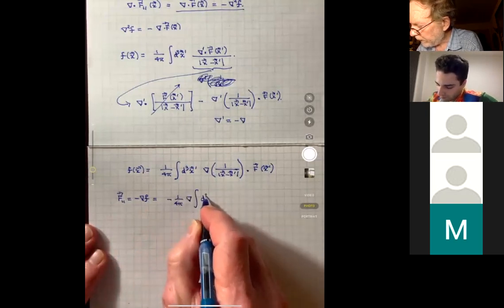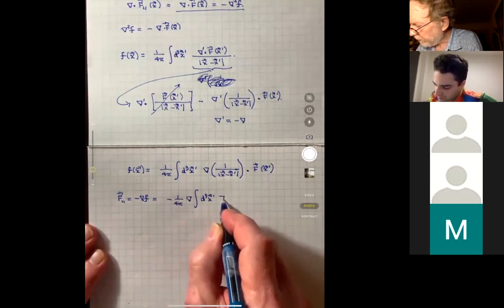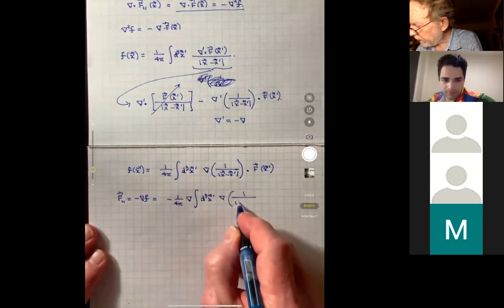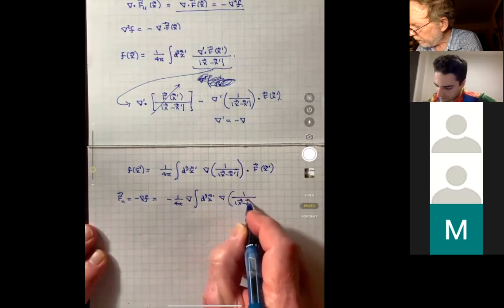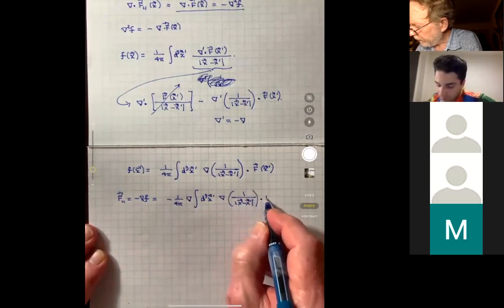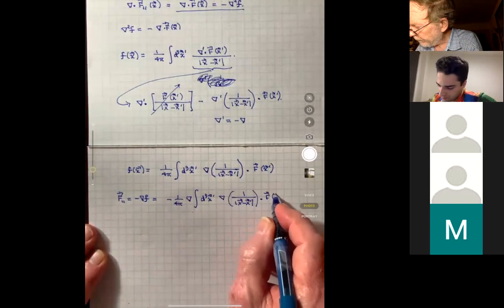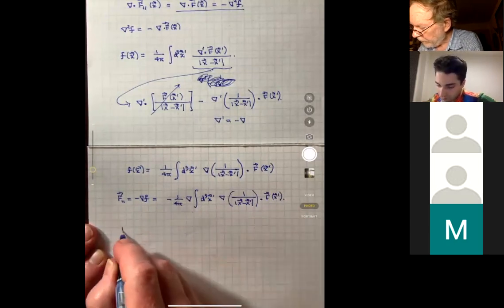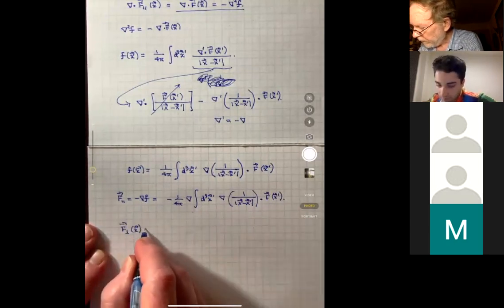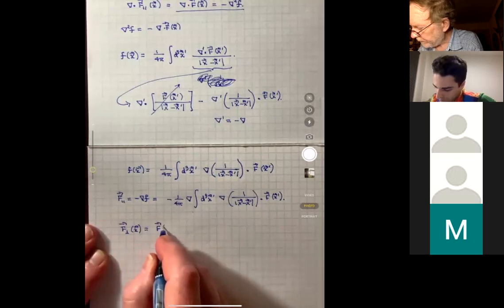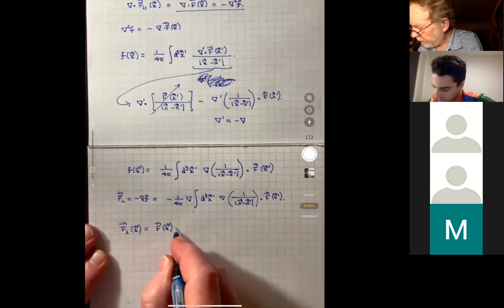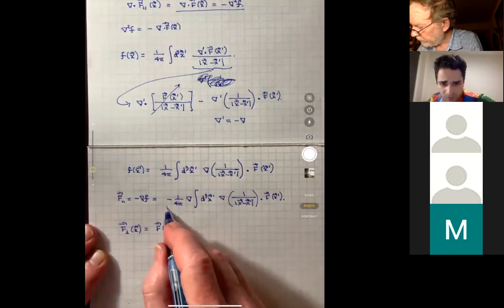Let me just write it out. Again, just copy it, d cubed x prime del of 1 over x minus x prime, the Coulomb denominator, dotted into f of x prime. And therefore, f transverse of x is equal to f of x minus this f longitudinal.